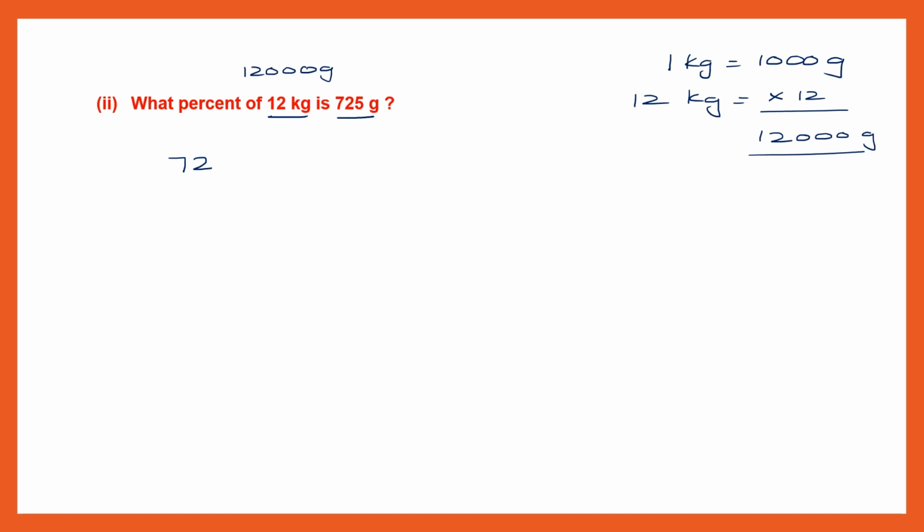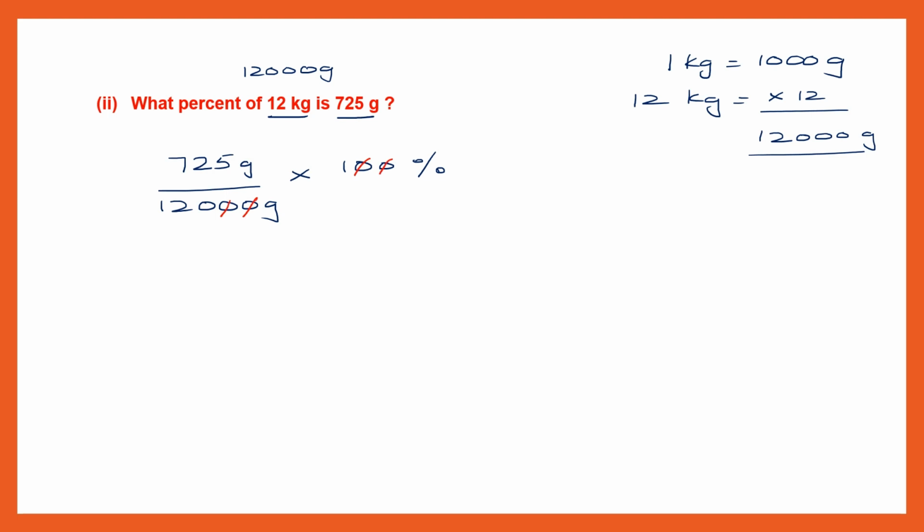So we say 725 grams divided by 12,000 grams. We put it this way. Now to find the percent, we multiply it by 100%. So cancel the zeros that you can. Here 2 zeros I can cancel, so I've cancelled there also.